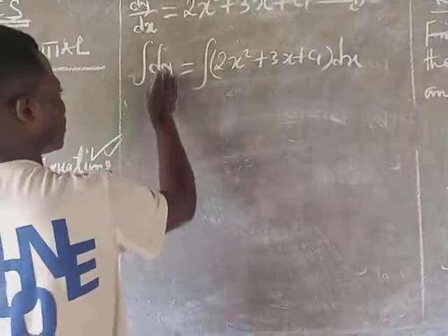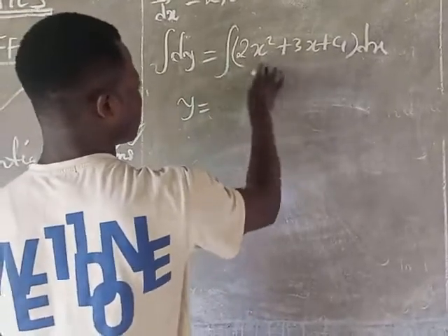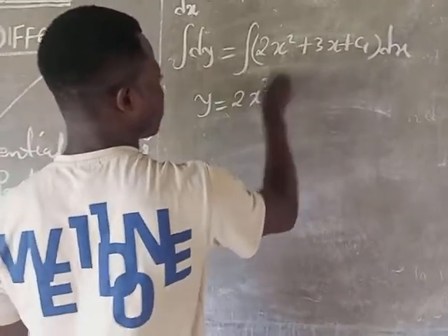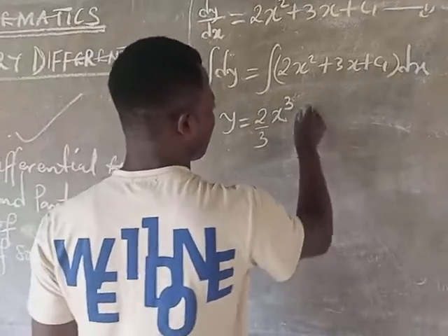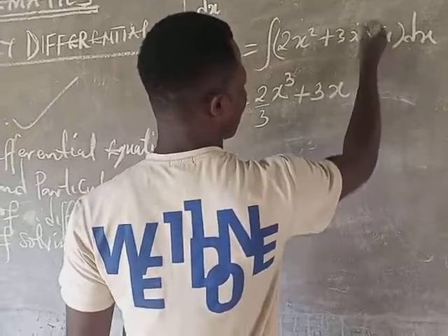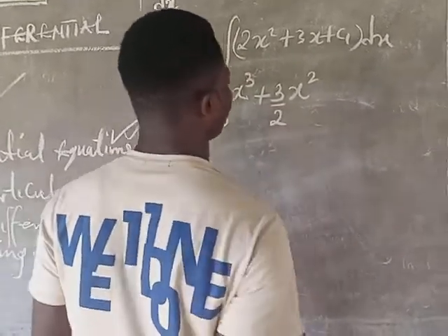Then when we integrate dy, this will change to y equal to, if we integrate this, 2x raised to the power of 3, by the time we add 1 to the power, then we divide by the power again, plus this again will give you 3x, we add 1 to the power, making 2, divide by the power again, which is 2.